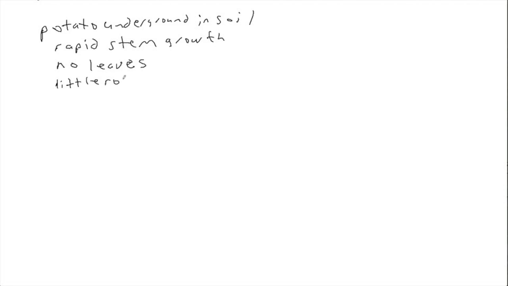It's also not going to be growing its roots very much, because the purpose of roots is to bring in nutrients, but it doesn't need very many nutrients at this point. So there's not going to be much root growth.